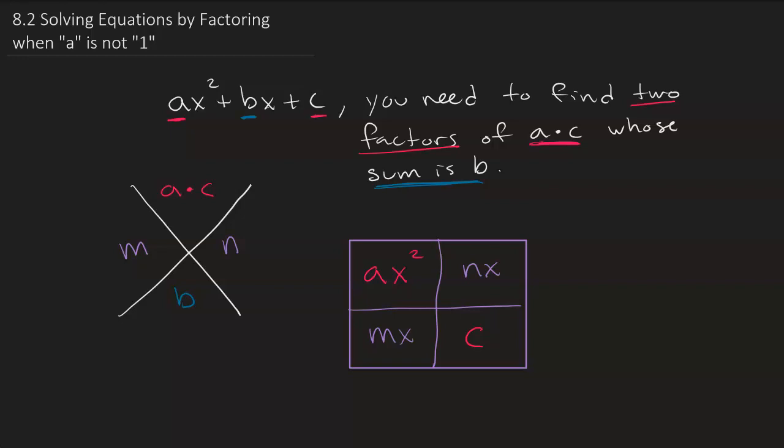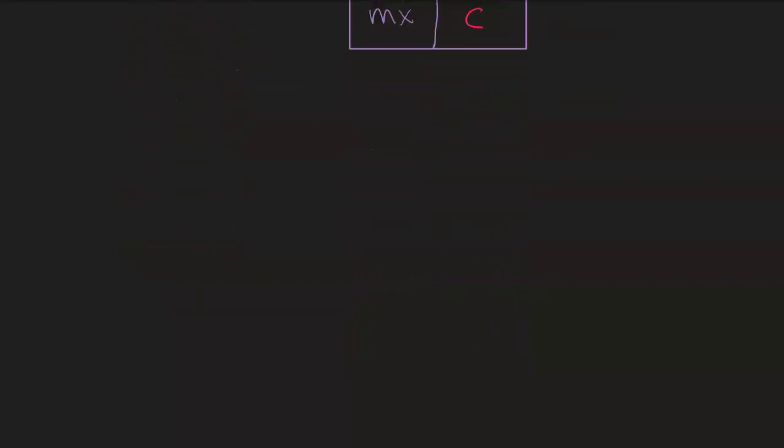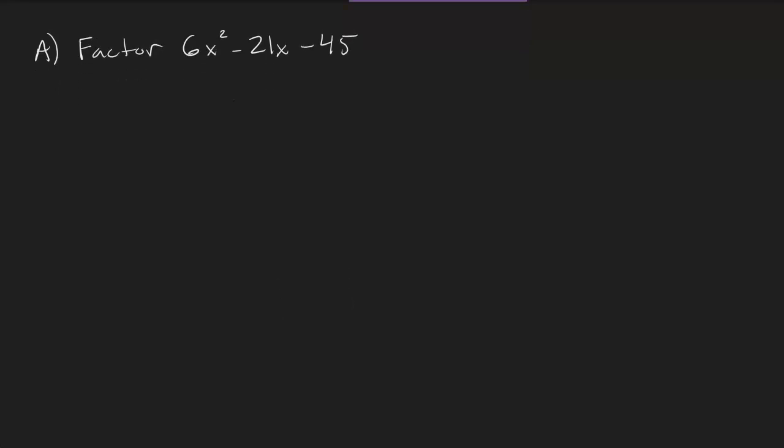So it's better when we take a look at an example. So let's go ahead and do that now. We want to factor, call this example A, 6x squared minus 21x minus 45. So as I approach this, I notice that I can remove a 3 from each one of these terms.